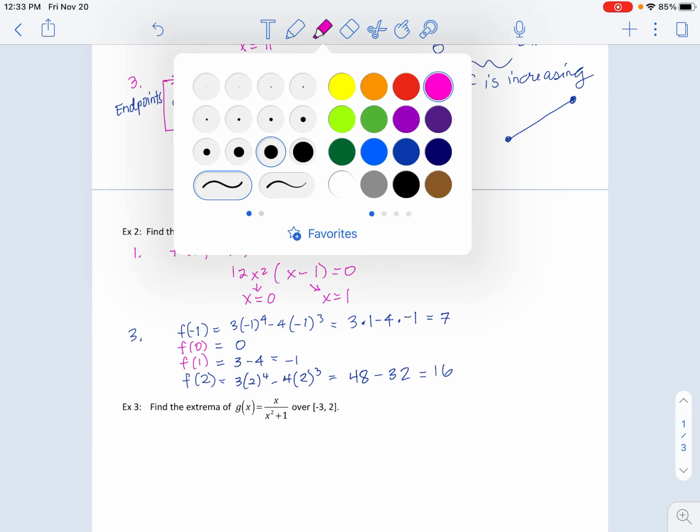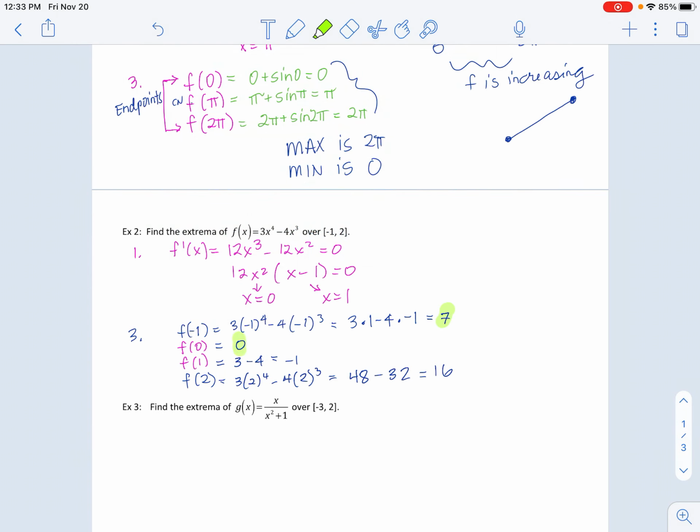Now remember, this step is where I compare the y values, and whichever is the highest is my max, and whichever is the lowest is my min. So my maximum is 16, and my minimum is -1.